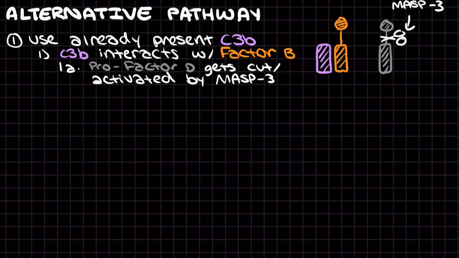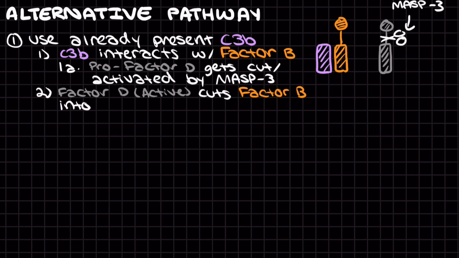And now we can go on to our true step 2, which is that factor D, which is now active, cuts factor B into the two fragments Ba, which is going to be our small fragment, and Bb, which is going to be our large fragment.